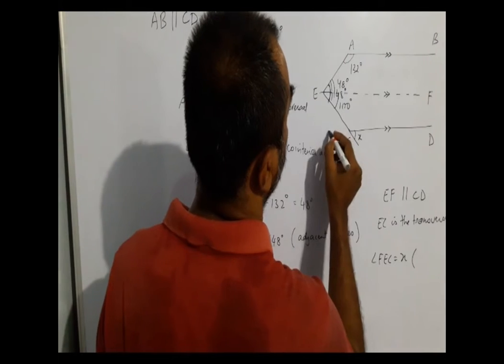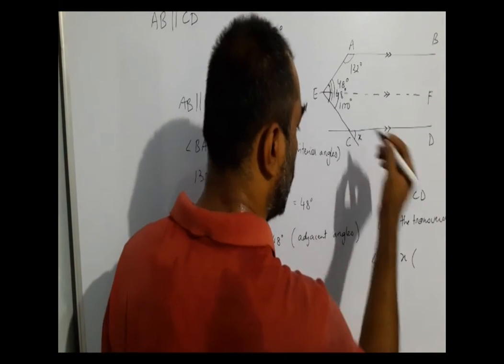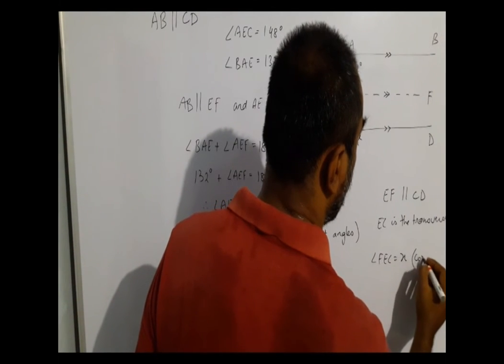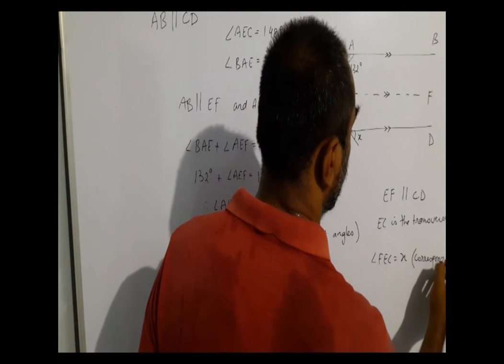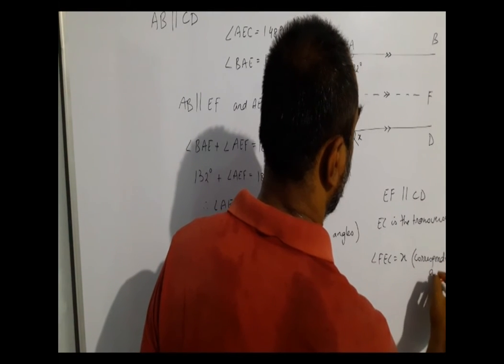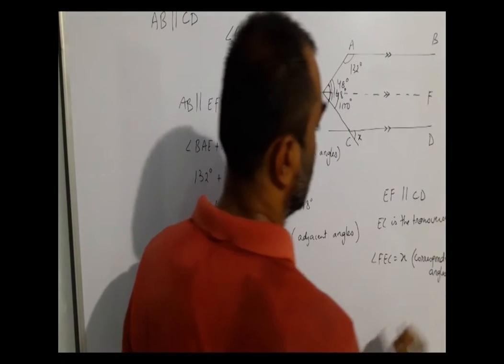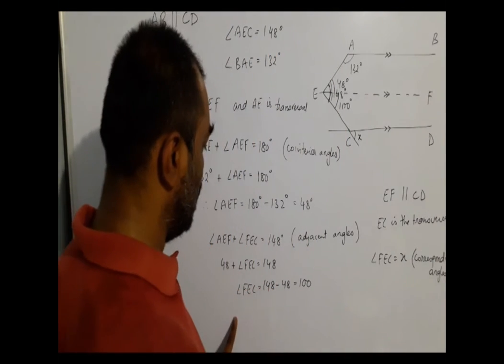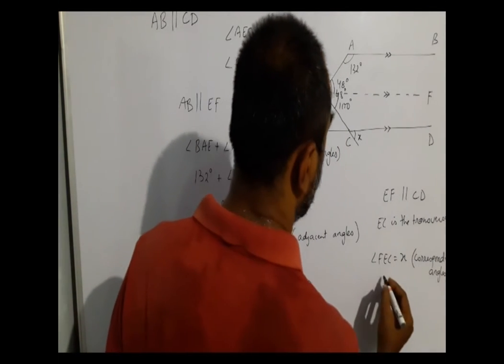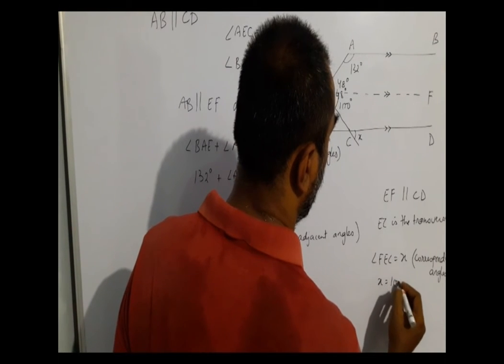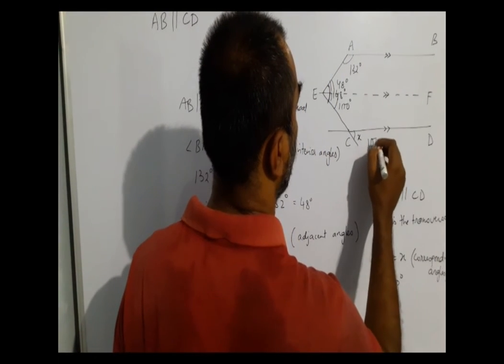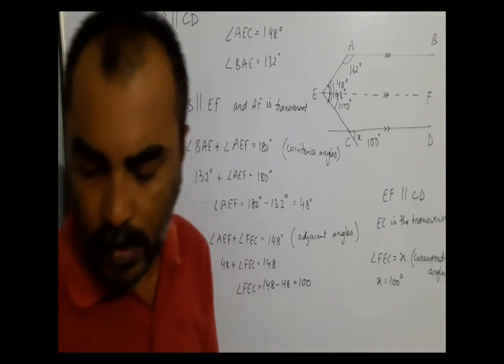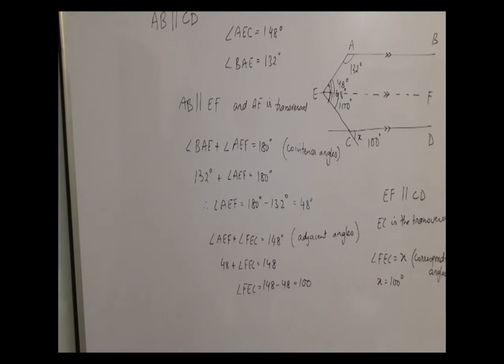See the two lines, same side below. They are corresponding angles. Yes, so they are corresponding angles. You have to remember this, you have to mention this. But what was FEC? FEC was 100 degree. So X is equal to 100 degree. So we have found the value of X to be 100 degree using the property.